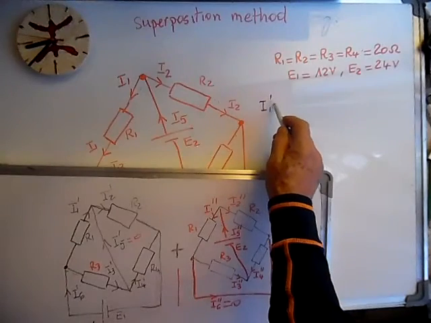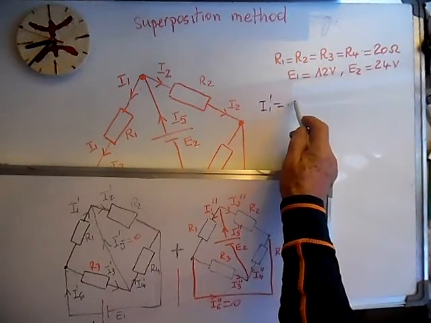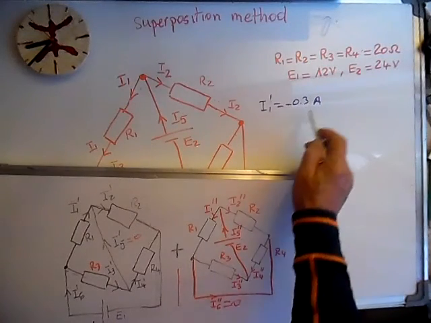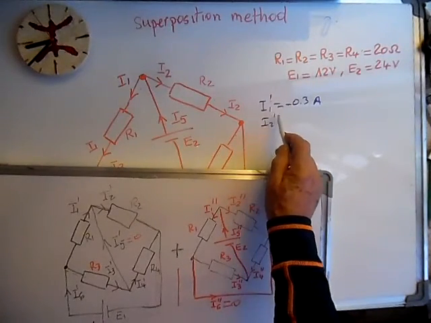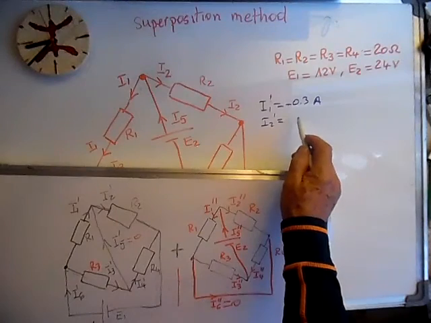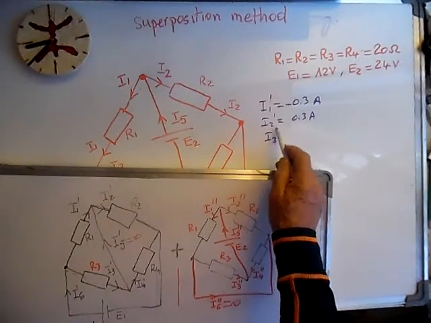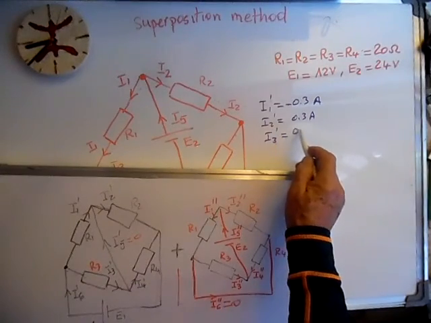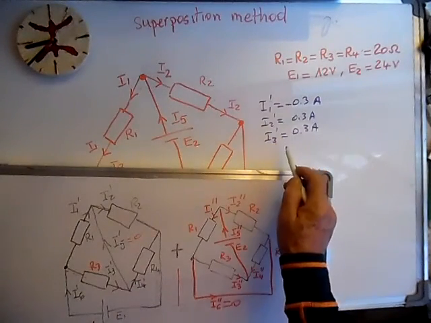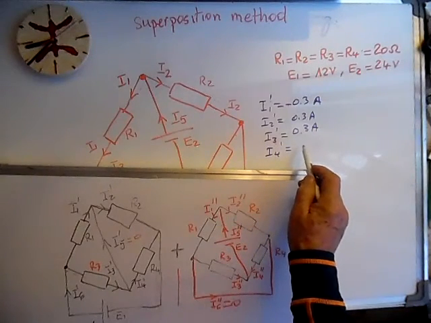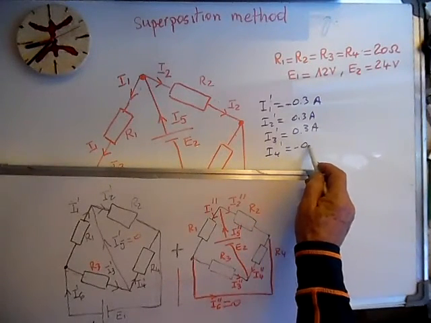I1 prime is equal to minus 0.3 amp. I2 prime is equal to 0.3 amp. I3 prime, 0.3 amp. I4 prime is equal to minus 0.3 amp.